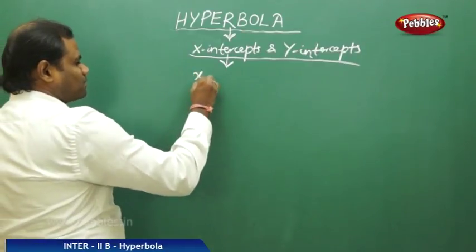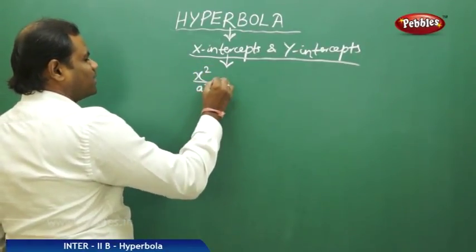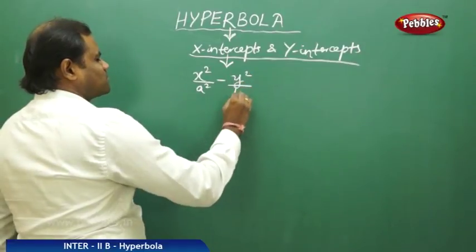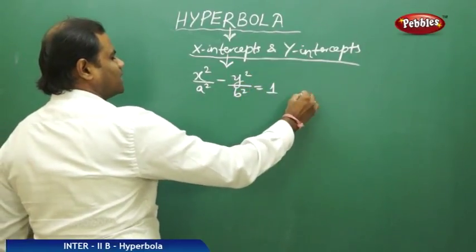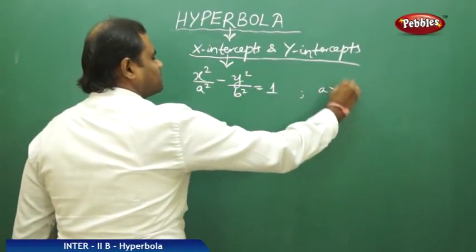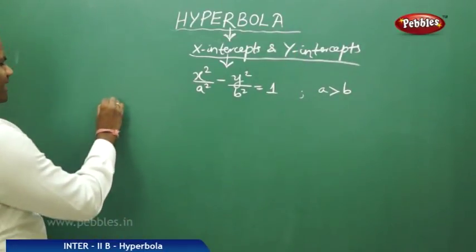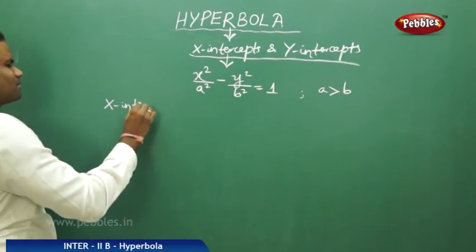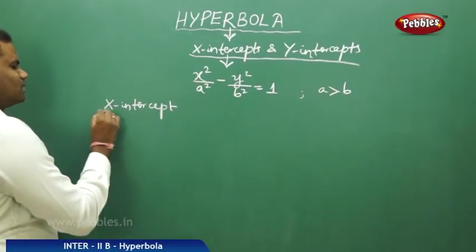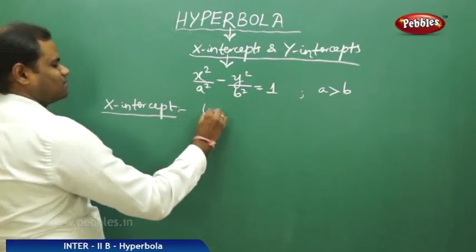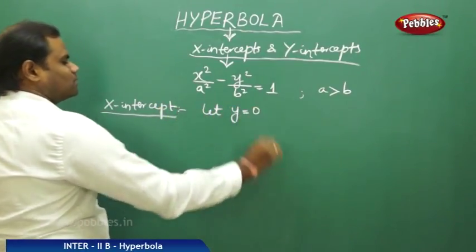So the equation of the hyperbola being x squared by a squared minus y squared by b squared equal to 1, assumed with a greater than b. To find the x-intercept, I take the condition y equal to 0.